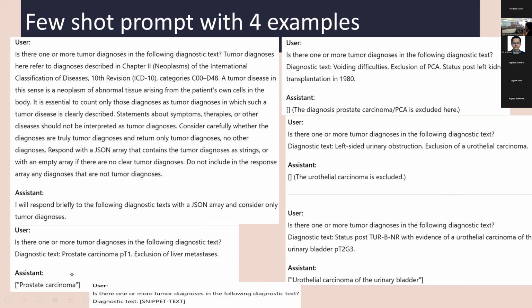And then the question of interest for the research is given, like, is there one or more tumor diagnosis in the following text? And the snippet text is given for the model to give the output for. So this is an example of few-shot prompting with 4 examples. Likewise, the models were trained with 2 examples and 6 examples in the study.